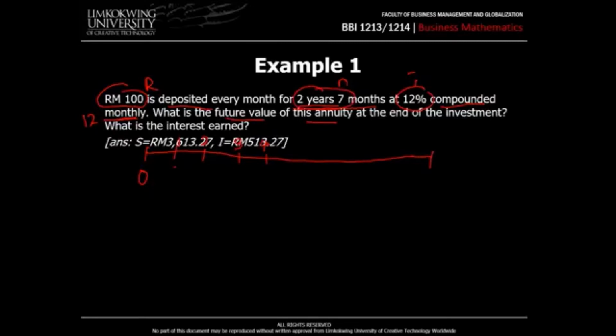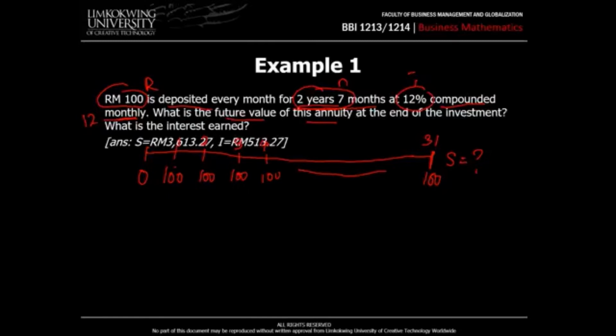So how many months? 31 months. Every month you deposit the same amount of 100, 100, 100, until the end. What is the future value after 31 months? They want you to find the future value at the end of the investment.